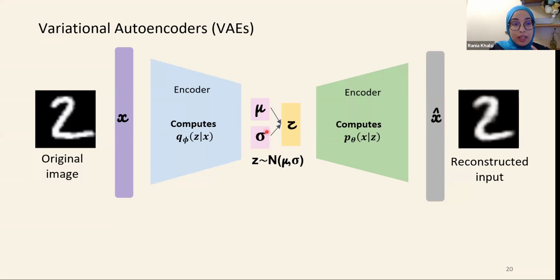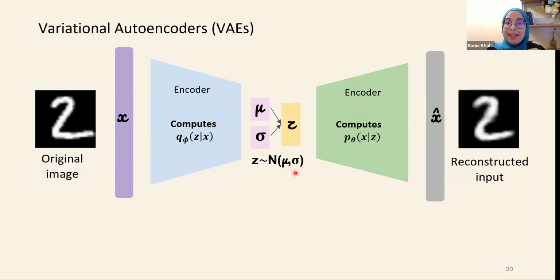We are moving from a deterministic point to a Gaussian distribution, and you know that a Gaussian distribution is defined by its mean and variance, mu and sigma.